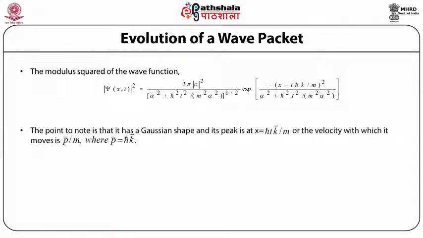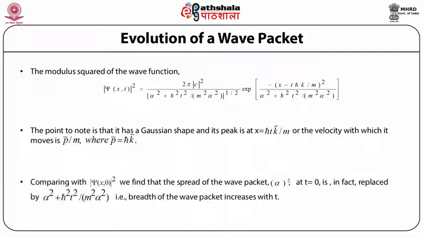The point to note is that it has a Gaussian shape and its peak is at x equal to ħt k bar by m, or the velocity with which it moves is p bar by m, where p bar is equal to ħk bar.